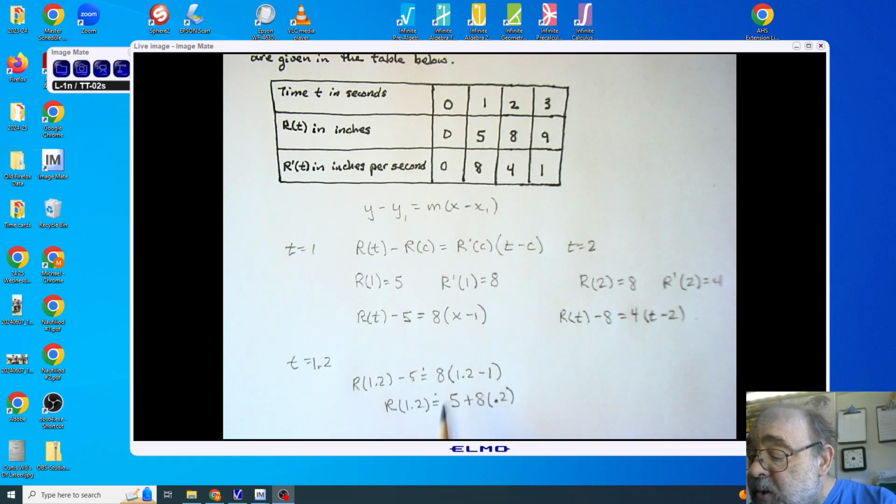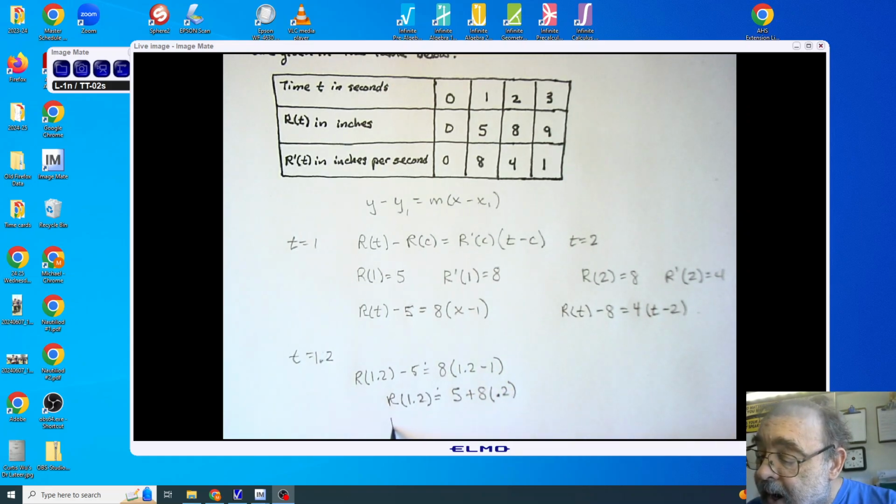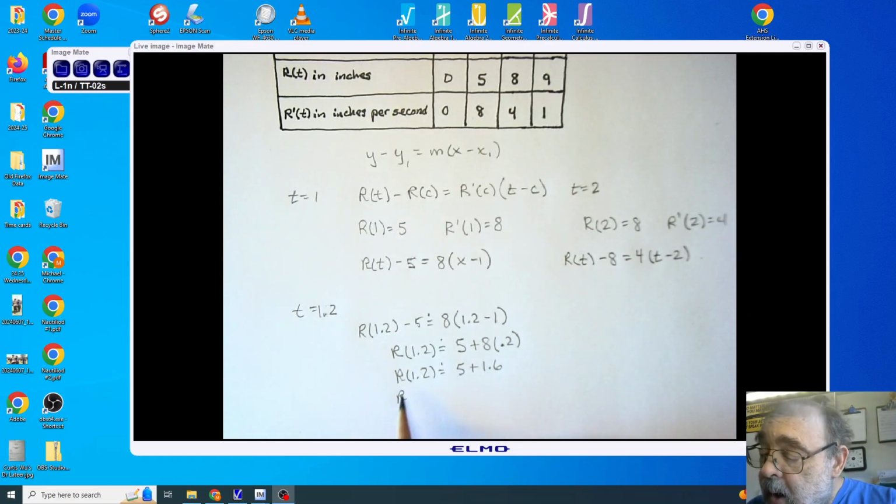Now I got the 0.2 by subtracting 1 from 1.2. Simplifying it further, r of 1.2 is approximately 5 plus 1.6, and therefore r of 1.2 will be approximately 6.6, and this is in inches.